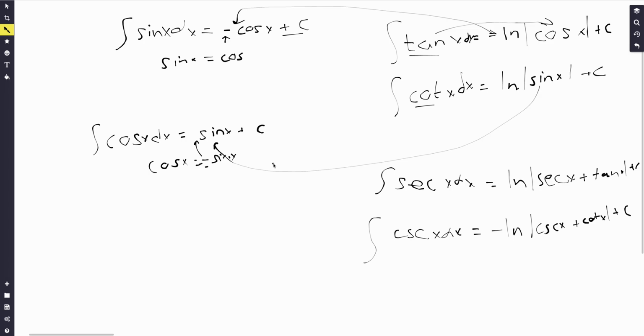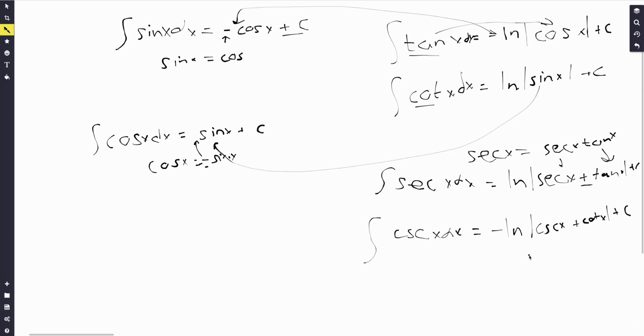I'm going to go back to derivatives because, again, it's important to know derivatives to know the integrals. It kind of helps. If we go back, we know the derivative of secant x was equal to secant x tangent x multiplied together. And here, what do we see? We see the secant x right here, and we see the tangent x right here. And instead of multiplying, we're adding this time.